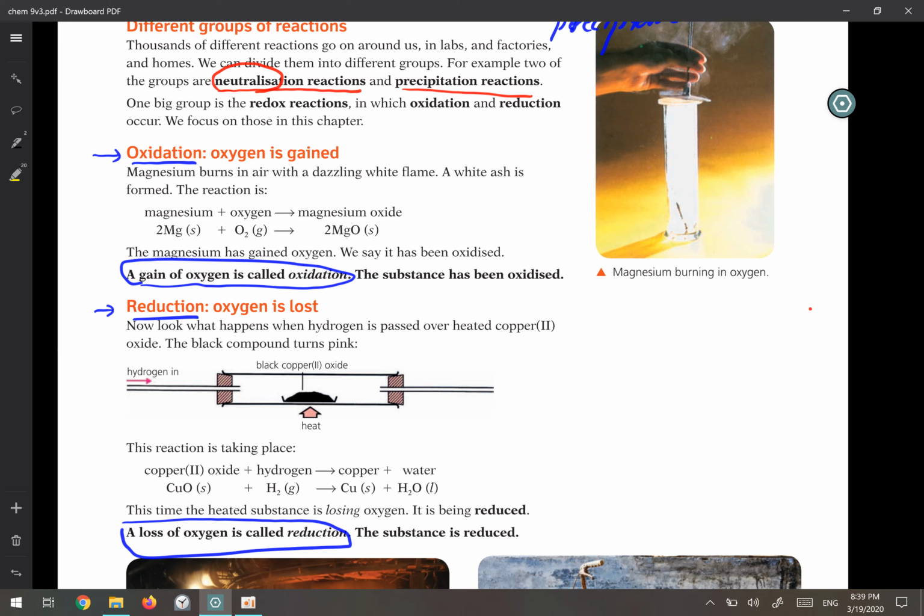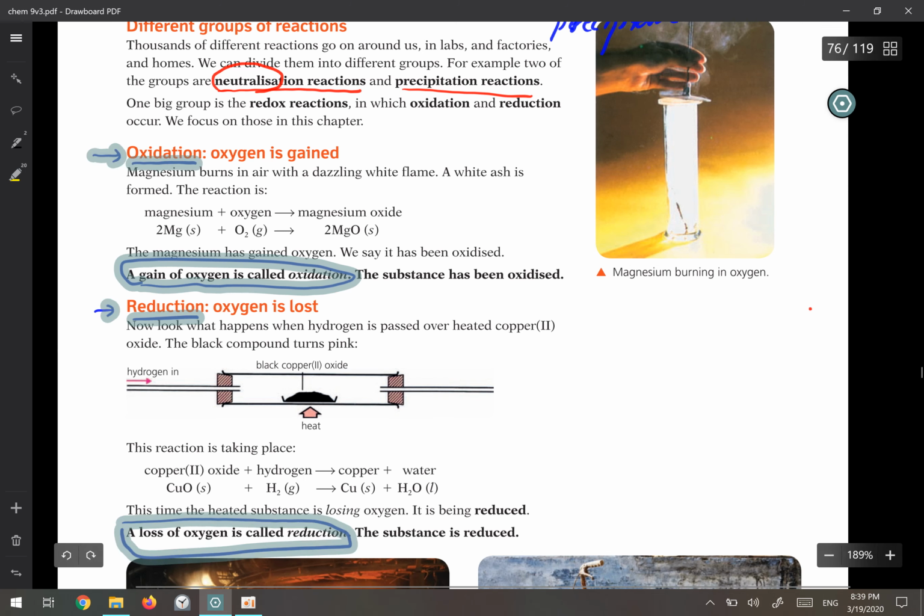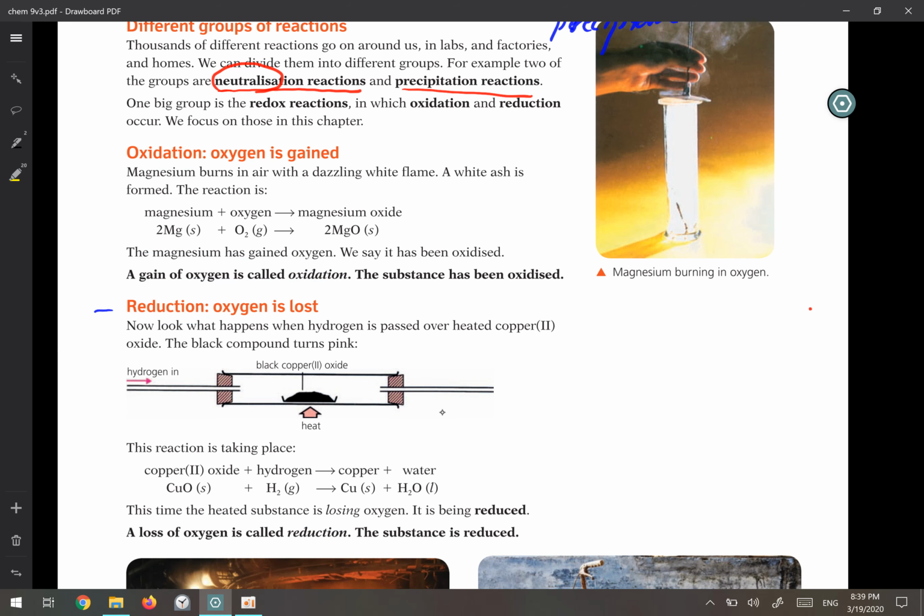Okay, but I want to expand this definition, so I want to add something to these two definitions. It says a gain of oxygen is called oxidation. Also, loss of hydrogen is called oxidation.